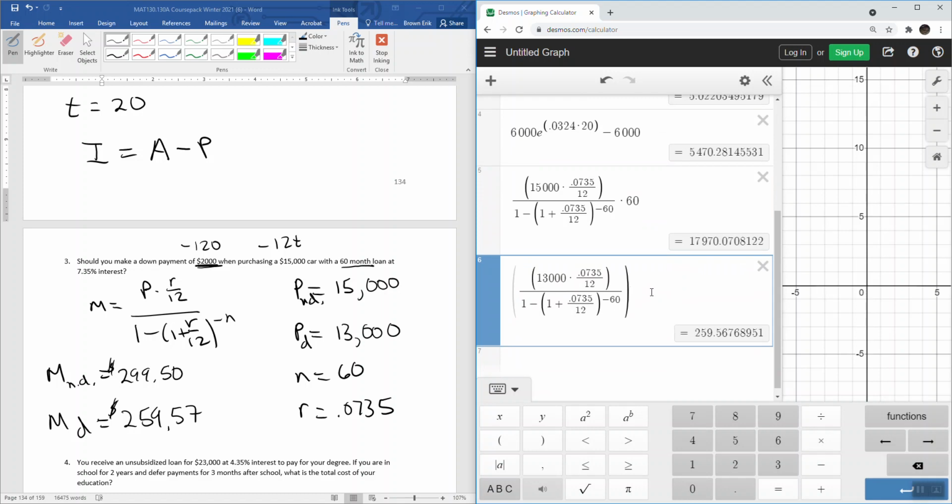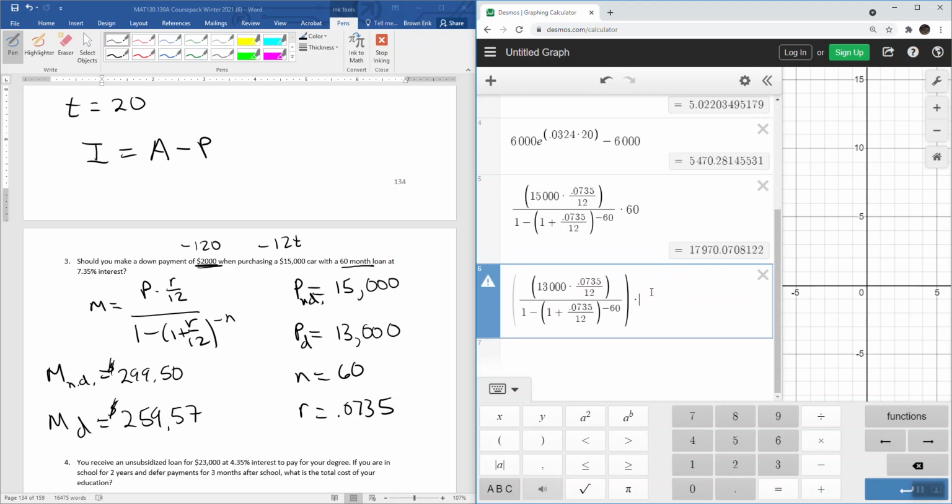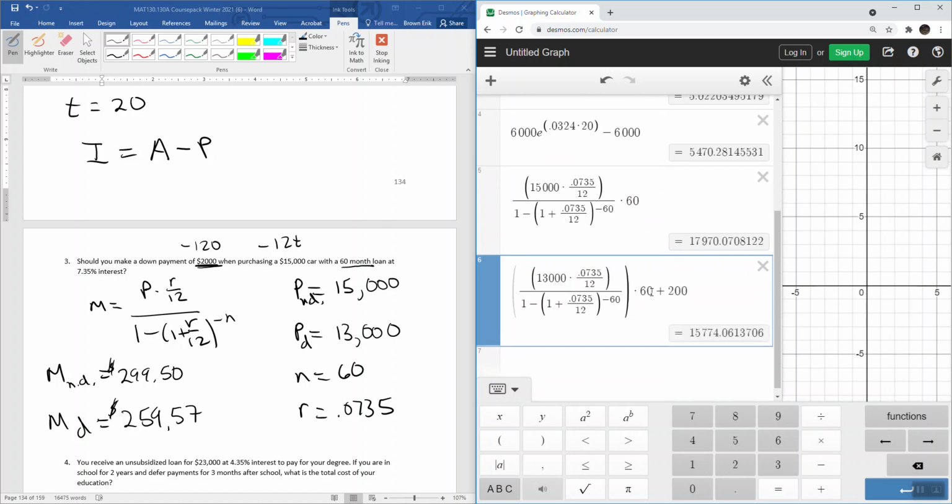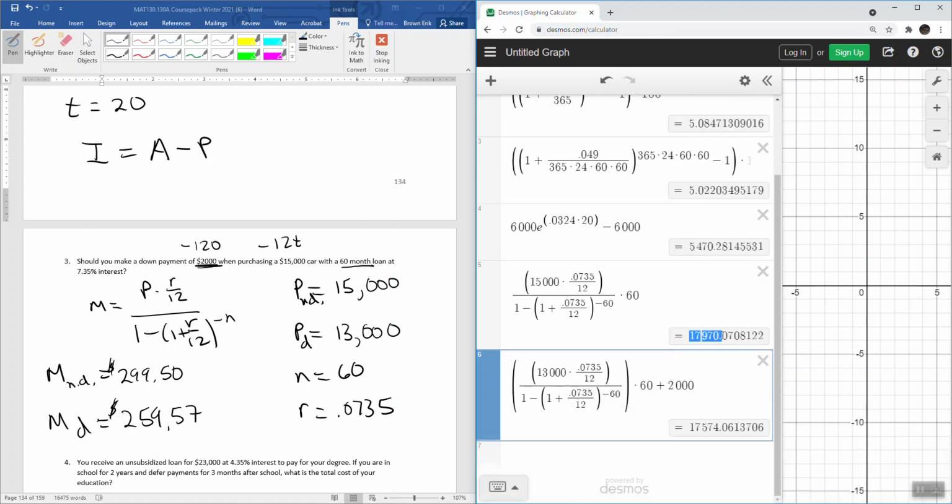With the $2,000 down payment, I'm going to multiply this by 60, but I also have to add in the $2,000 we initially paid. Wow, that is not good at all. Look at this. All we end up saving is like a little under $2,200.